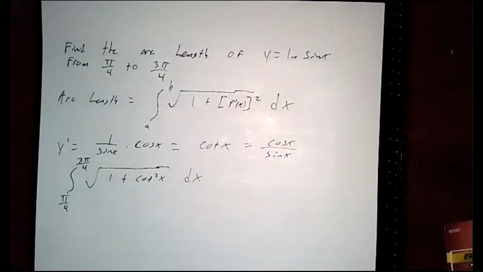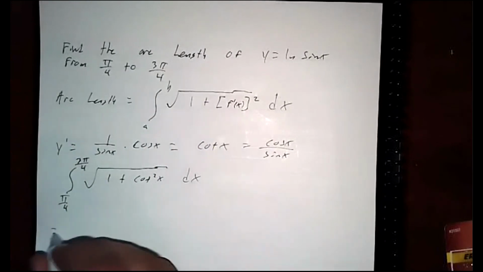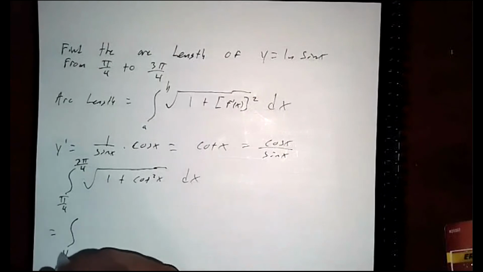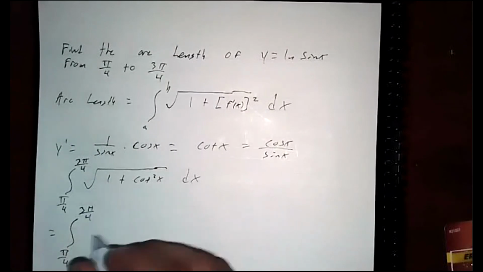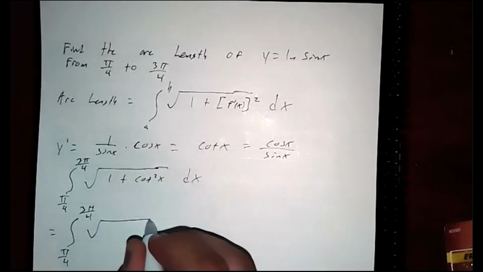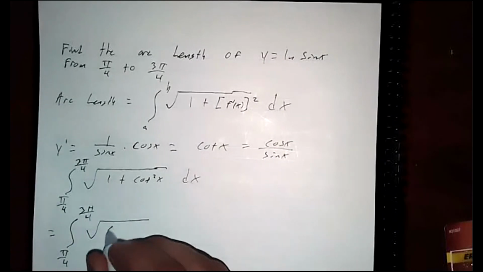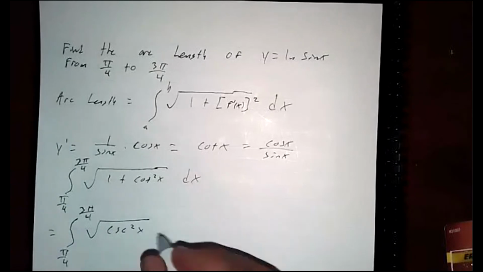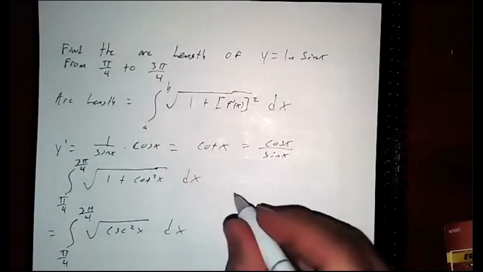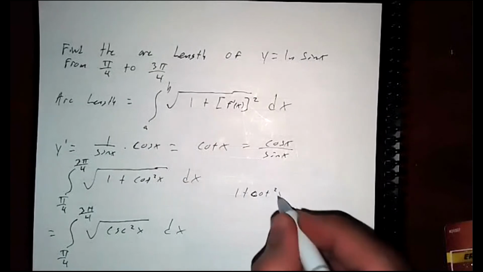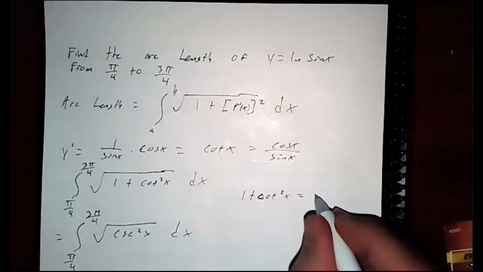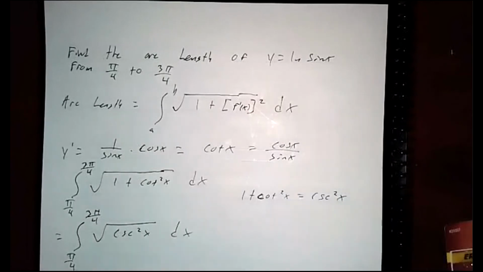Here it is. Yeah, it'll be cosecant squared. So yeah, our identities are going to be useful here. Whenever you see trig functions in arc length, you should assume or hope for a cancellation of the square root, because this is equal to cosecant squared x, because 1 plus cotangent squared is equal to cosecant squared.